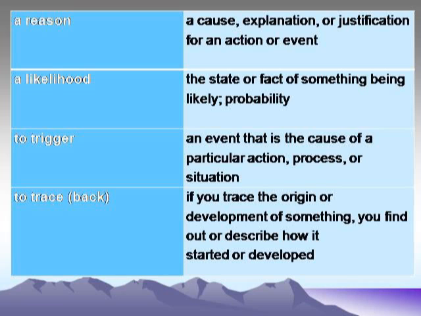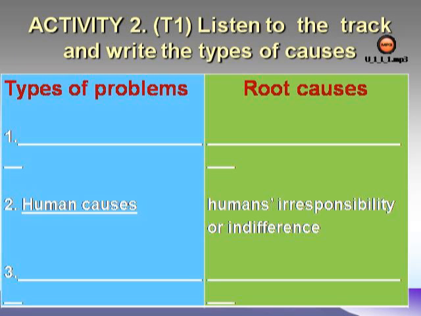If it's clear to you, let's continue to the next exercise. Activity 2, it's a listening exercise, tape script 1, and here you should listen to the track and write the types of causes.